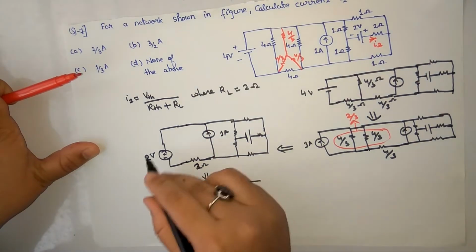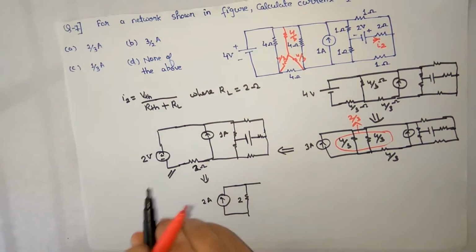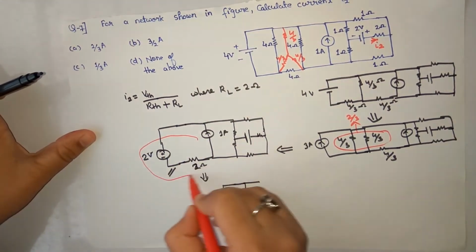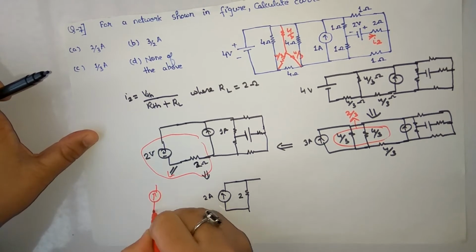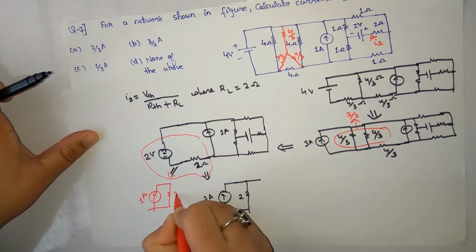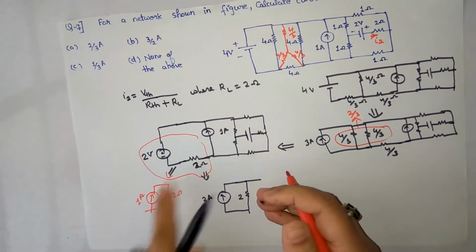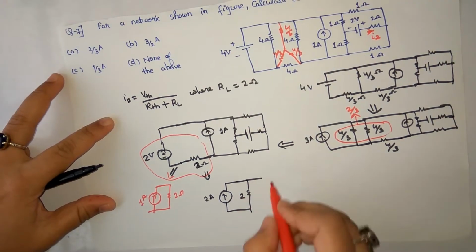After transformation, only this portion will be 1 ampere in parallel with 2 ohms, so this 1 ampere and this 1 ampere I'm combining, it is 2 ampere, and this is 2 ohms.